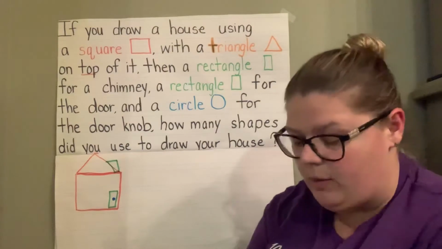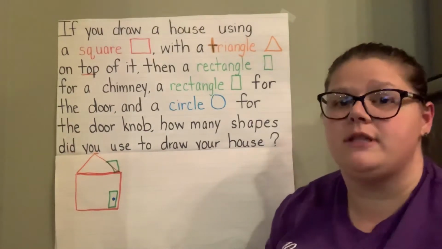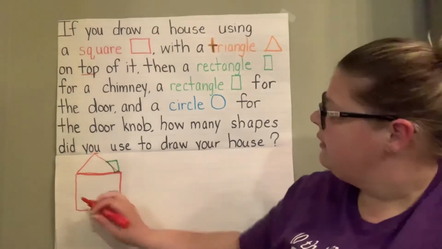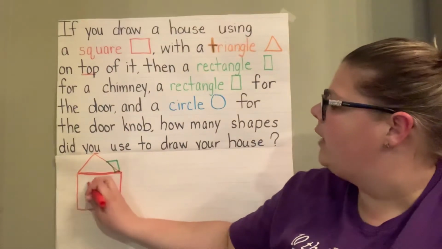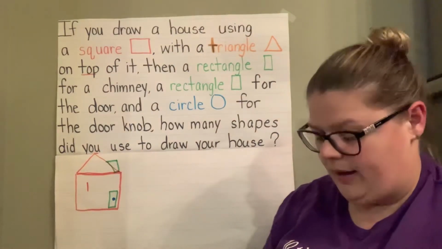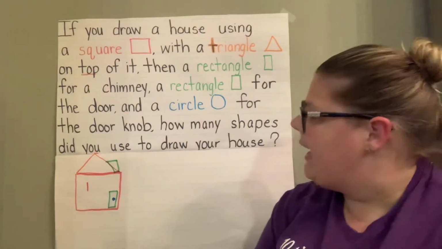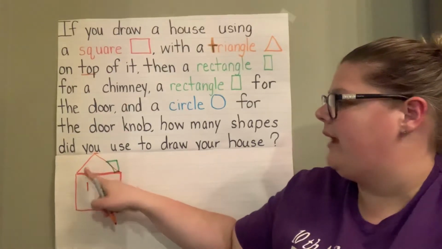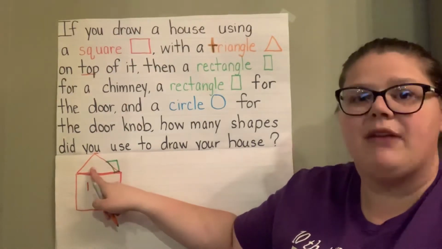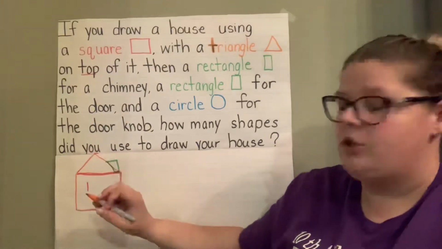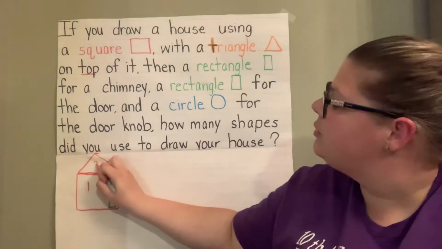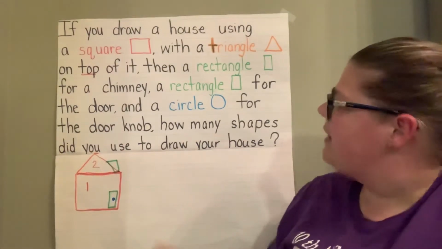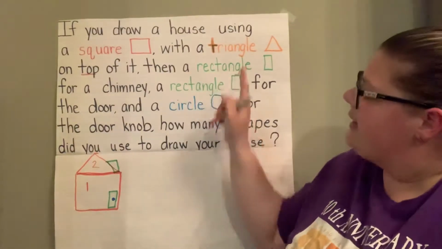So we're going to start with the square because that was the first shape that we used. So here's the square. We have 1 square. Okay. We have 1 triangle. So that was 1. What comes after 1? 2. So 2 shapes. Then the third shape it said was a rectangle.